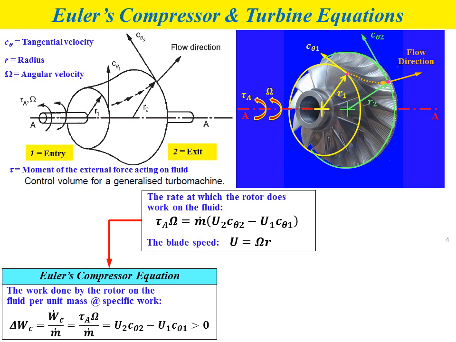So this is the Euler equation for the compressor, and the value must be greater than 0.